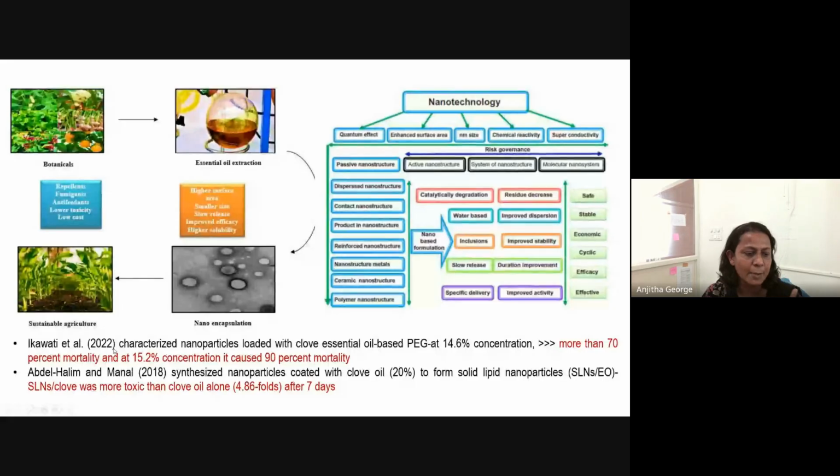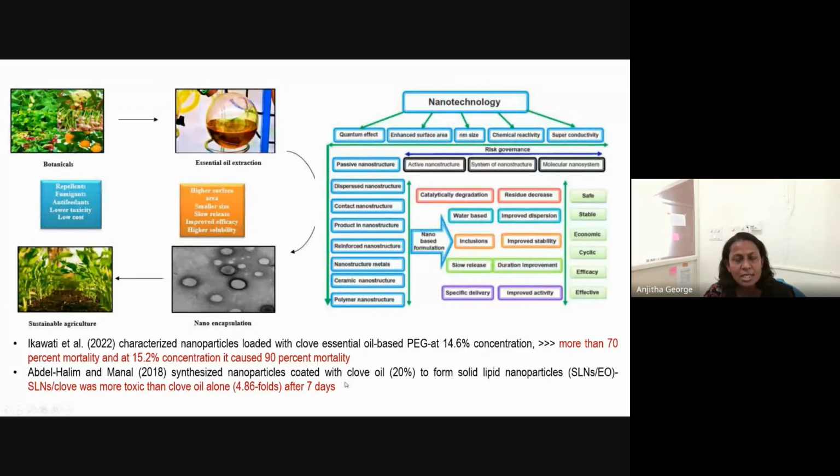To cite one example, in 2022 they characterized a nanoparticle loaded with clove oil, at two different concentrations, 14.6% as well as 15.2%. You can see more than 70% mortality was observed with the 14.6% nano formulation, while at 15.2%, almost 90% mortality was caused.